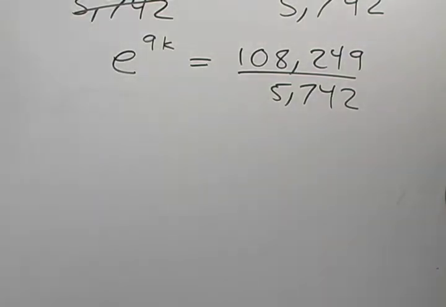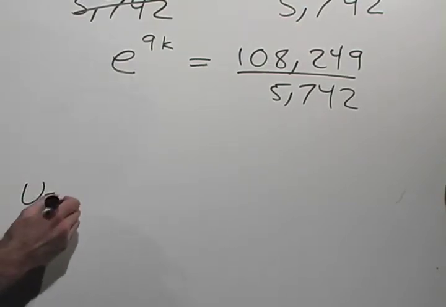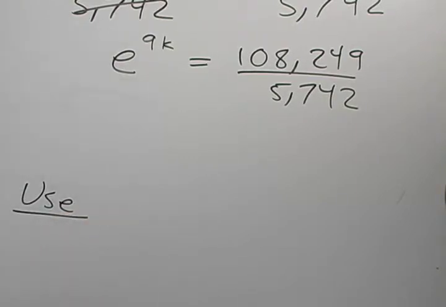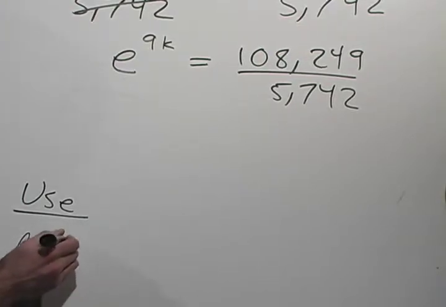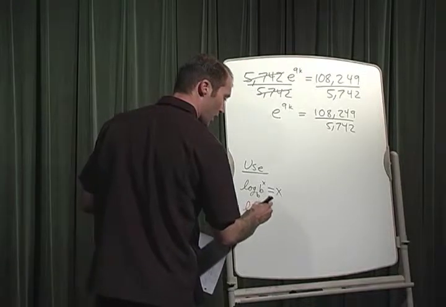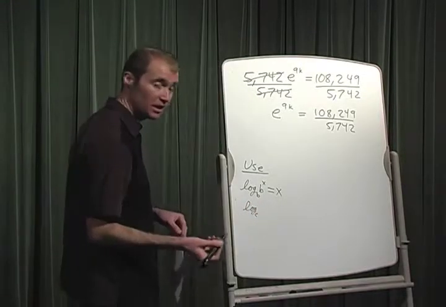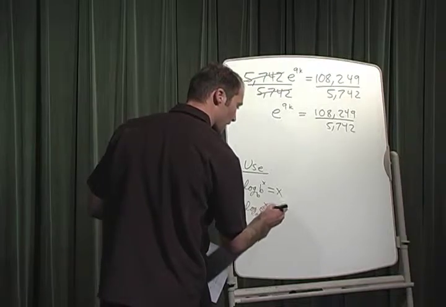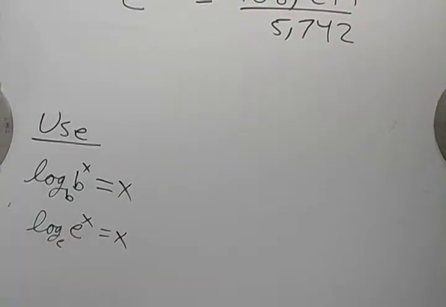Now, before I do my next step, off to the side, I want to show you the property that I'm using. This goes back to one of our earlier lessons, in which we found out that for any base b, log base b of b to the x equals x. So in particular, log base e of e to the x also equals x.